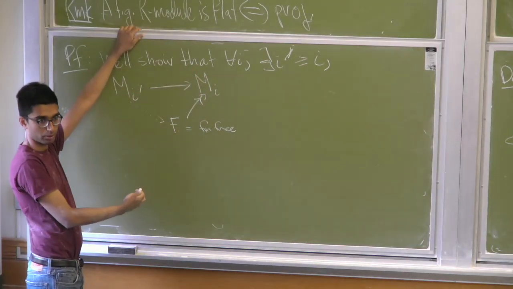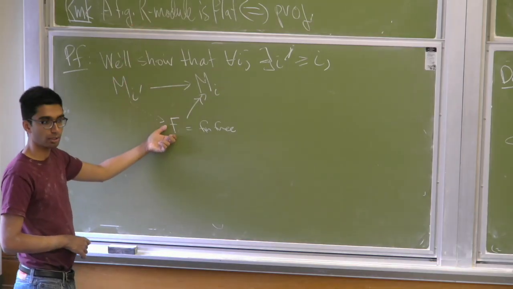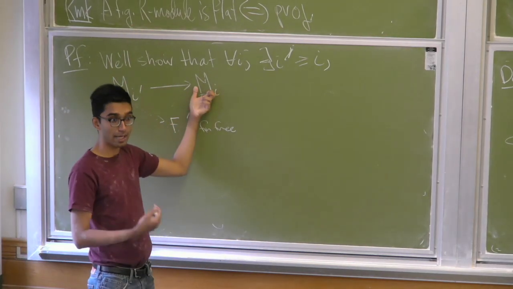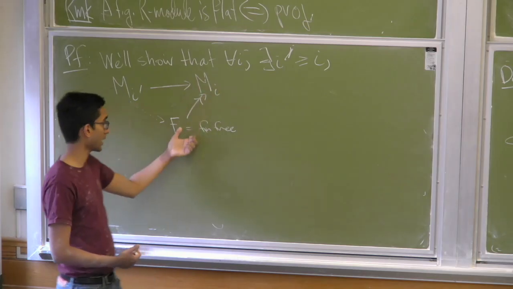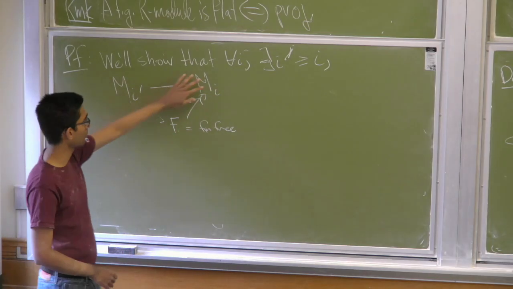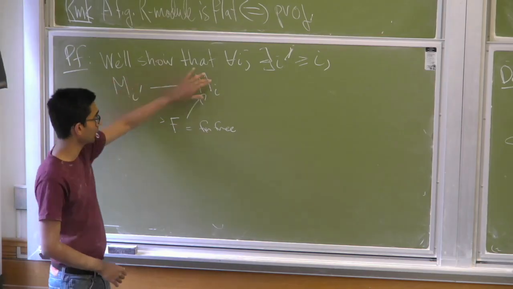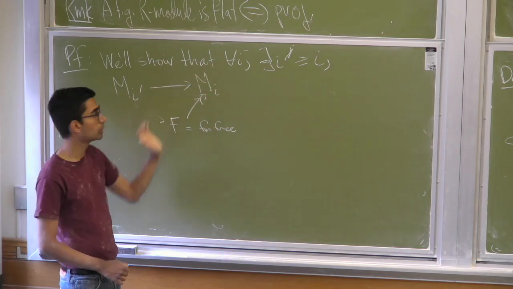I prime is sufficient. What does it mean to lift over here? It's exactly saying that some Ext^1 class vanishes. The obstruction to lifting here is an Ext^1 class from M sub I prime into the kernel of this map.